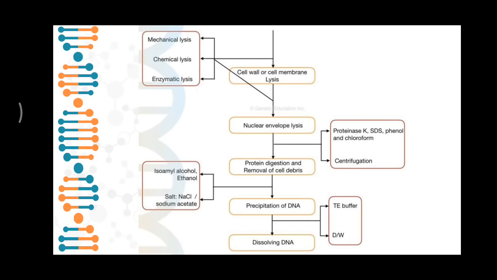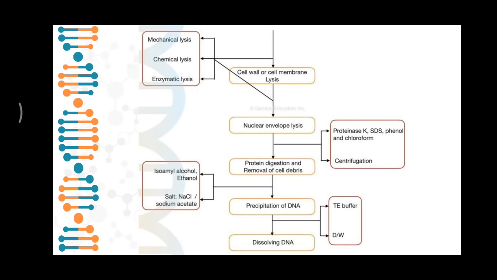This is a general flow diagram which shows the generalized steps involved in DNA isolation. Basically, the sample we have got can be any of the samples I mentioned previously.